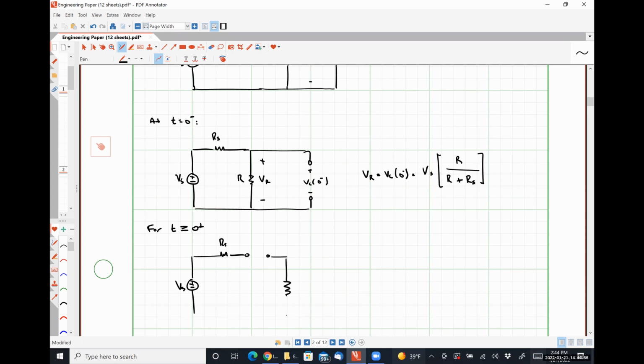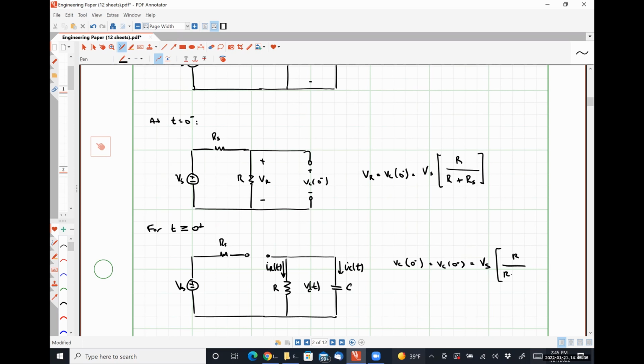And then on the right-hand side, we have some resistor R, some capacitance C, and then we have some voltage Vc of t, our current Ic of t, and the current IR of t, and we know that Vc at 0 minus had to be Vc at 0 plus, which had a value of Vs over R divided by R plus Rs.